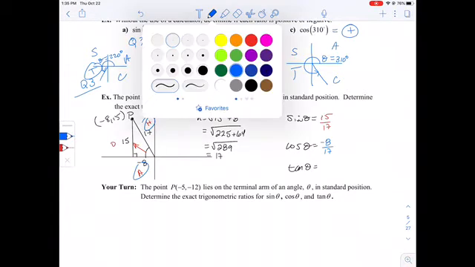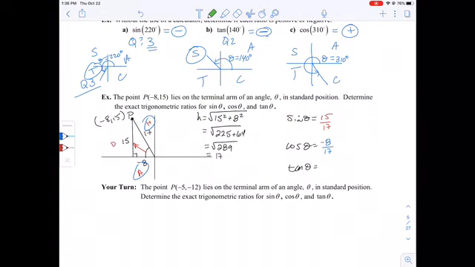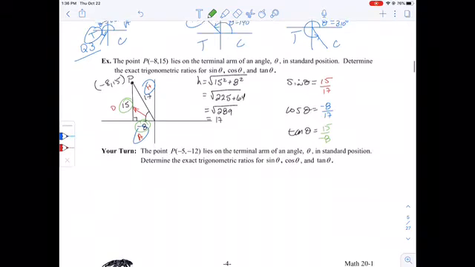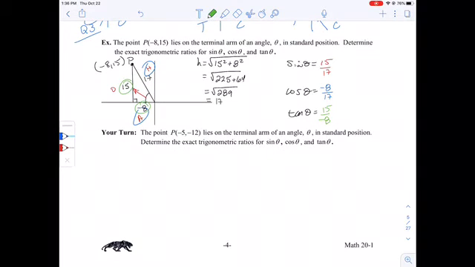And the tan of theta would be 15 over -8, the opposite over the adjacent side. Okay, so those are our three trig ratios of our angle in standard position.